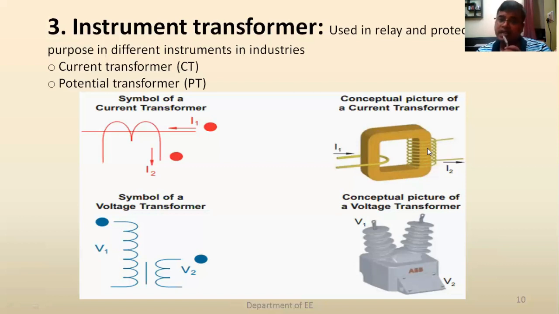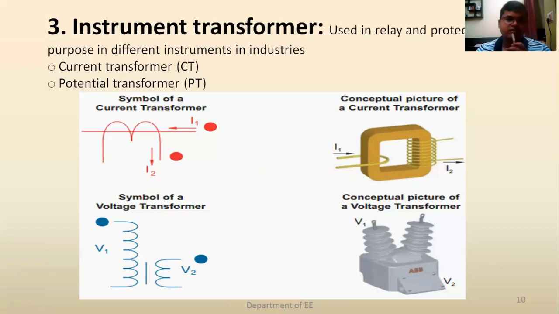In the secondary side, current level is very low. In potential transformer, in primary side, the current level is very low, and in secondary side, voltage level is low. So you will find that the power which is being transferred is near about in the range of 15 VA.